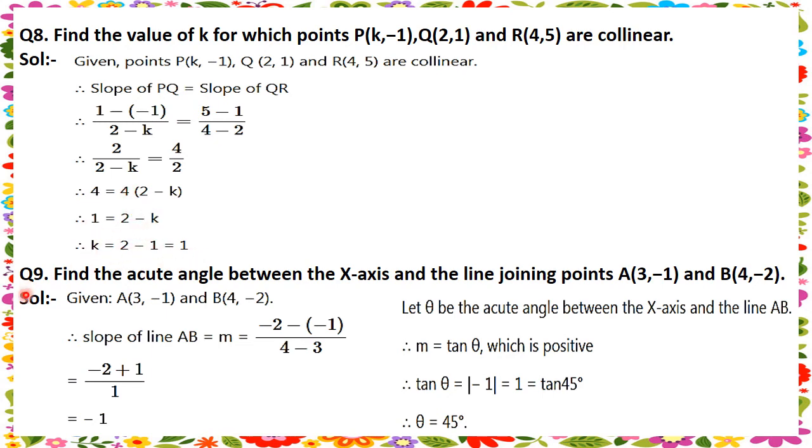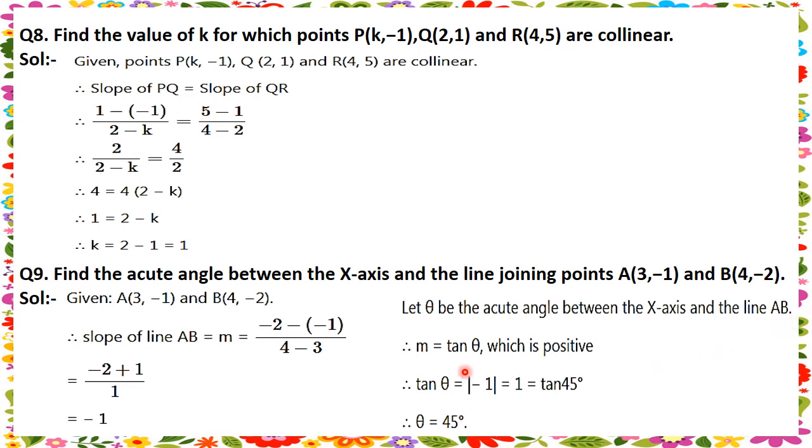Question number 9. Find the acute angle between the x-axis and the line joining points A(3, -1) and B(4, -2). Given the points, we will write and find its slope. Then m is equal to minus 1. Let theta be the acute angle between the x-axis and the line AB.